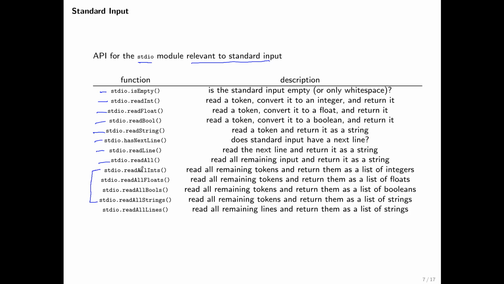So for example, readAllInts will return all the integers from standard input as a list of integers. And readAllStrings will read all the remaining tokens and return them as a list of strings. And then finally you can use this function to read all the remaining lines in standard input and return them as a list of strings. Okay?